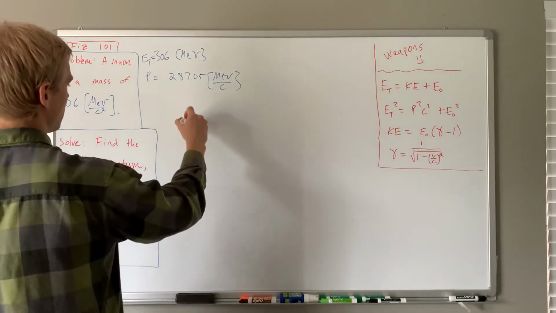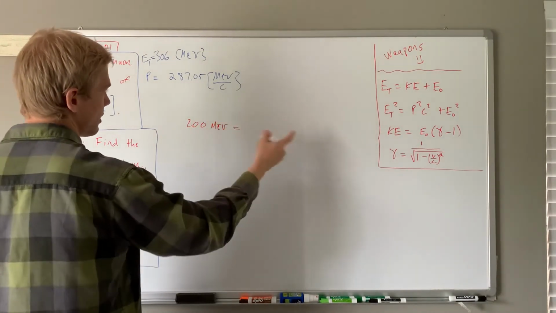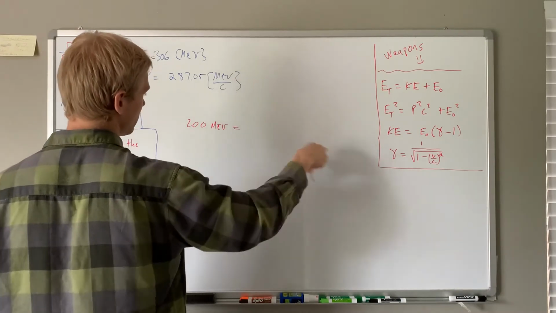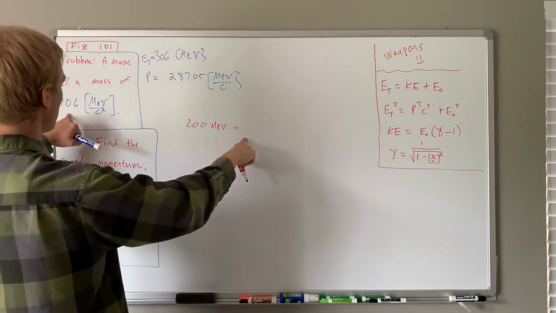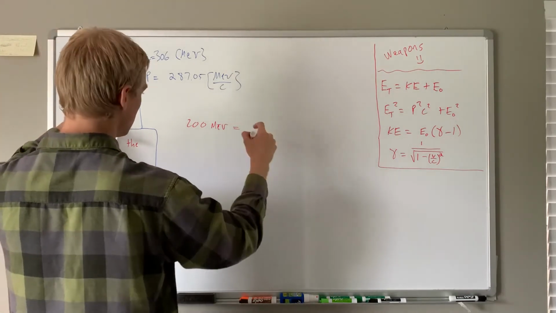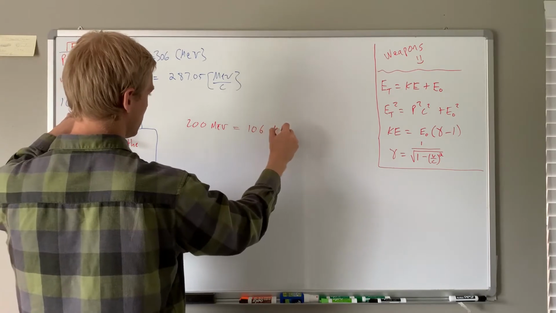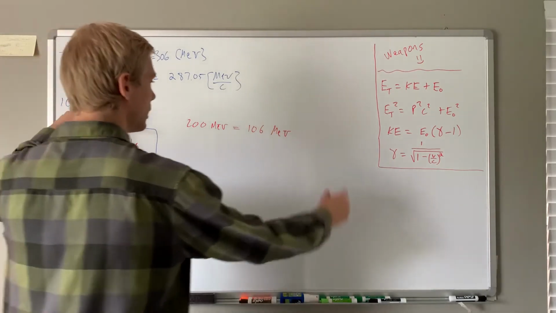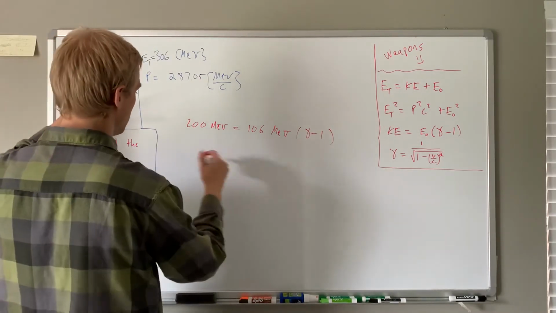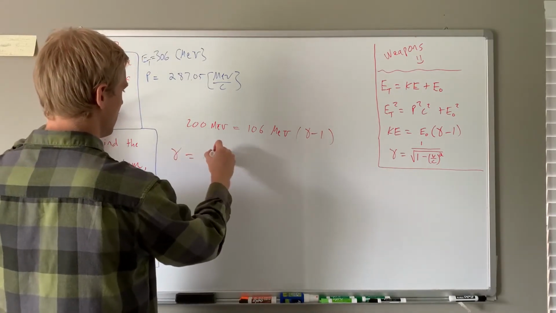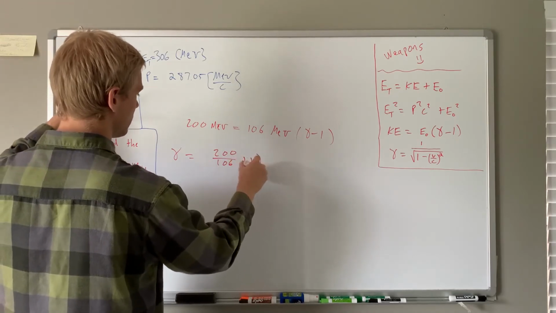Kinetic energy is 200 MeV is equal to the rest energy, this guy times c squared, which I already did, times gamma, minus one. So solving for gamma, you get gamma is 200 over 106 plus 1.